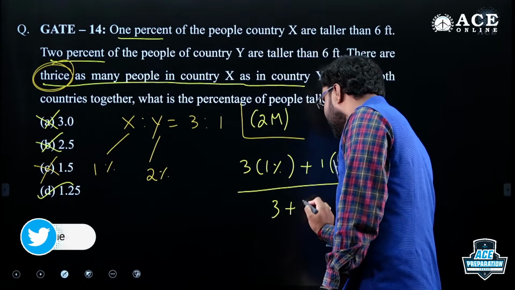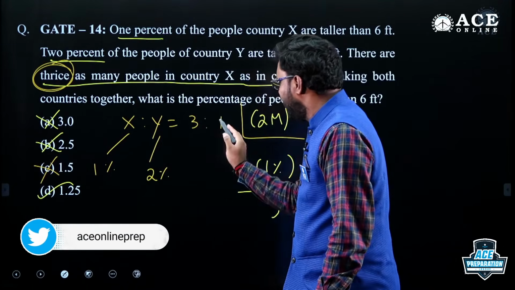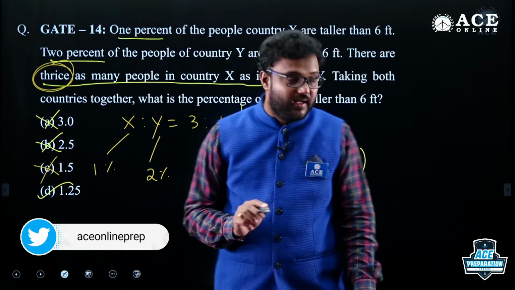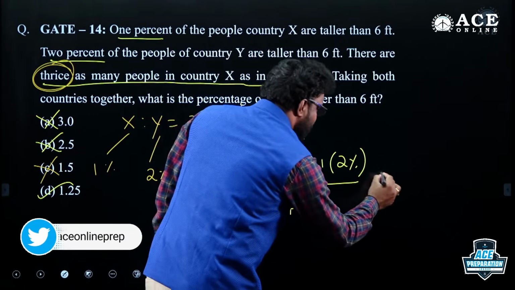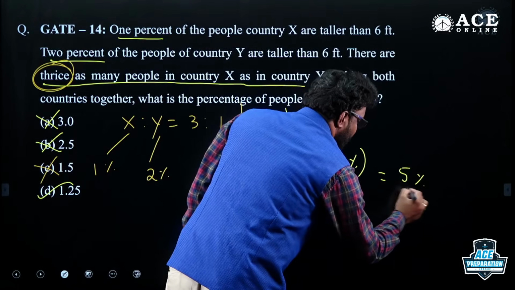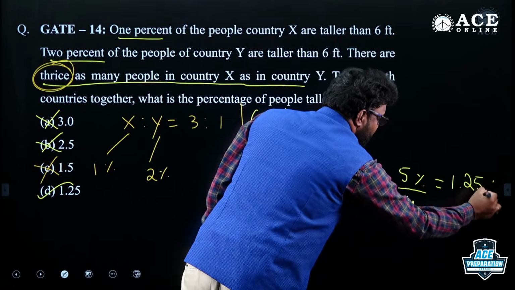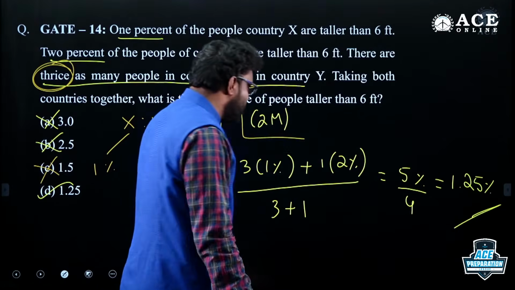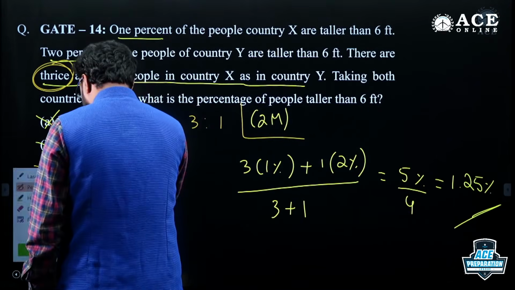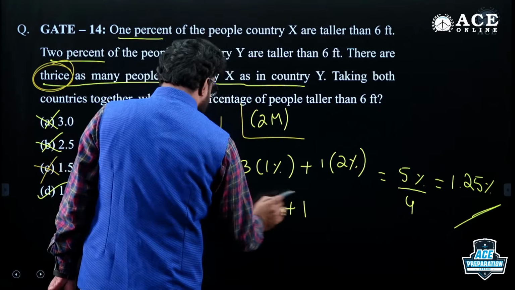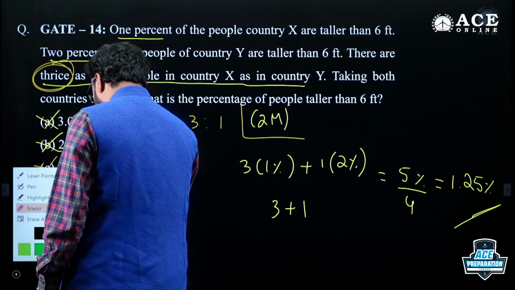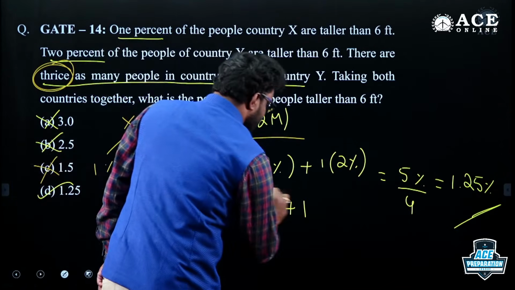That's it, my dear friends. Now here, you can see 5% divided by 4, which is 1.25%. You see this clearly, it's a very, very simple method to go ahead.